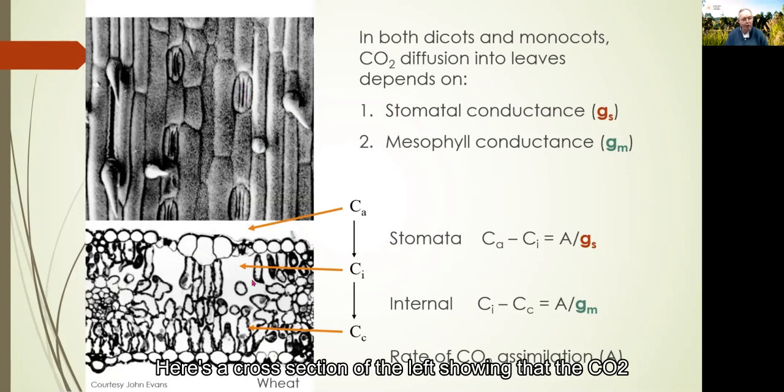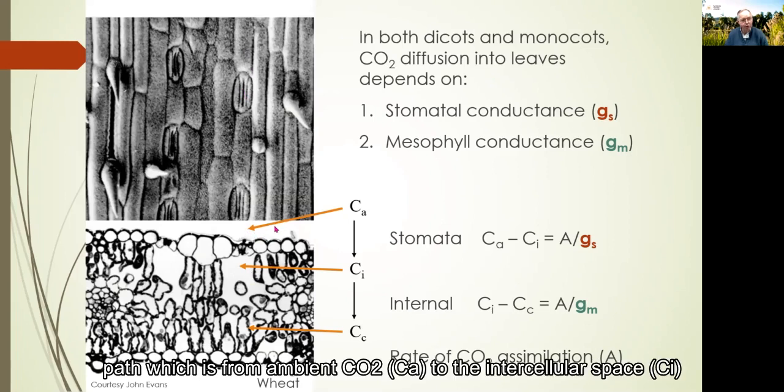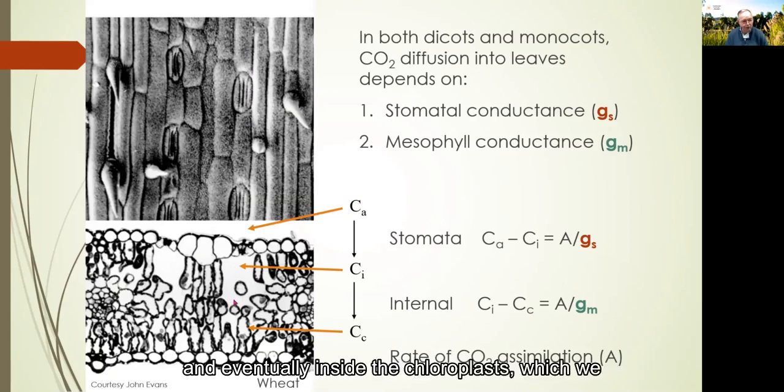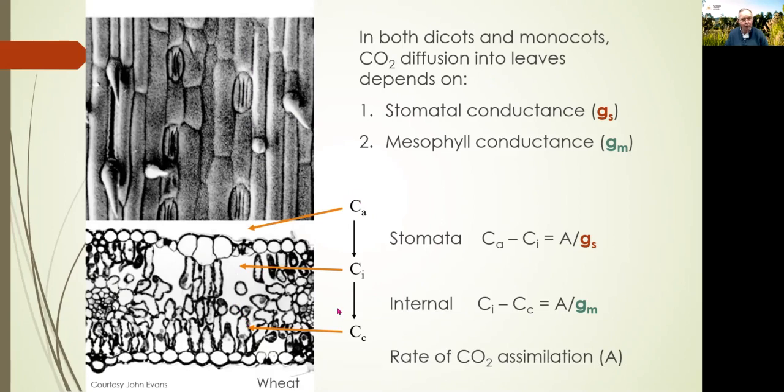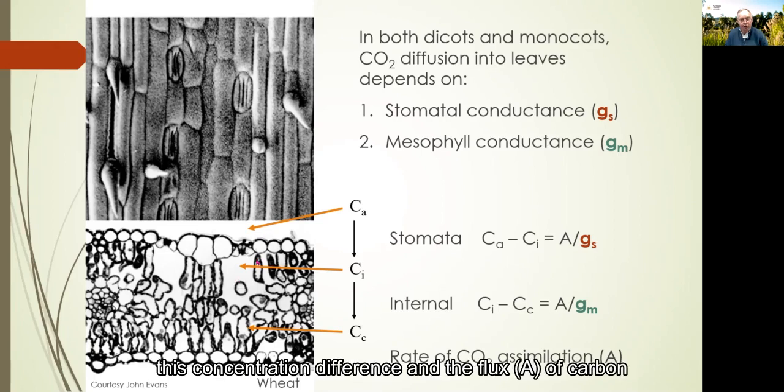And here's a cross-section of the leaf showing the CO2 path, which is from ambient CO2, Ca, to the intercellular space, Ci, and eventually inside the chloroplasts, which we denote Cc. We have a very primitive way of expressing the relationship between this concentration difference and the flux A of carbon dioxide assimilation rate.